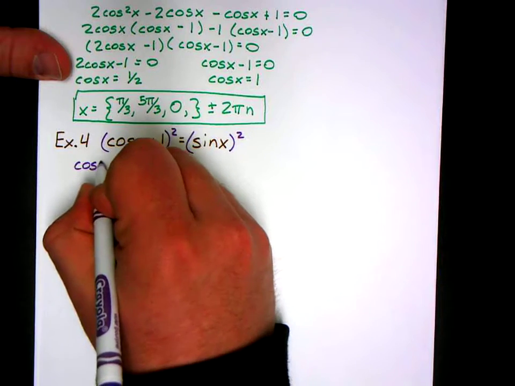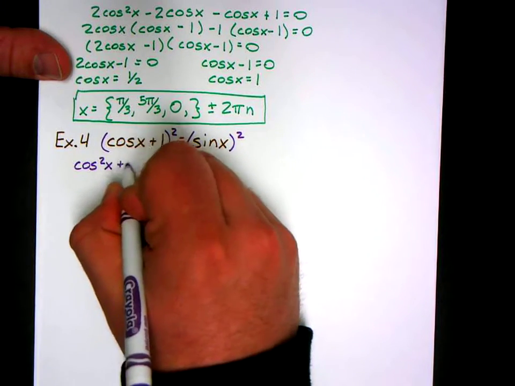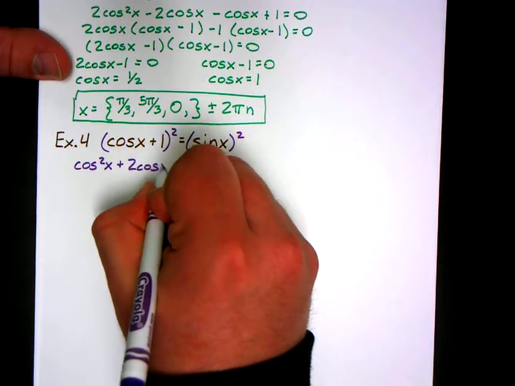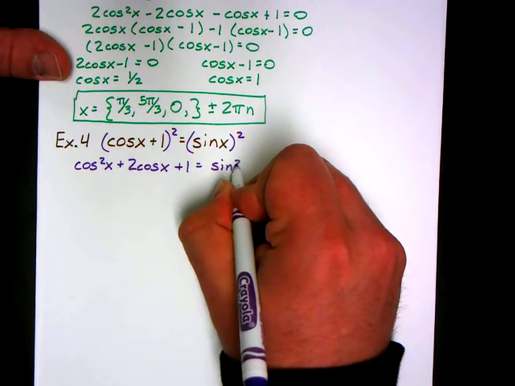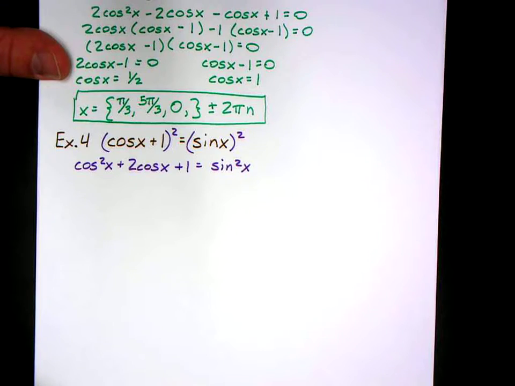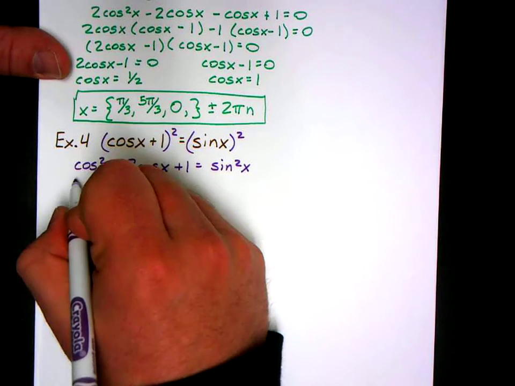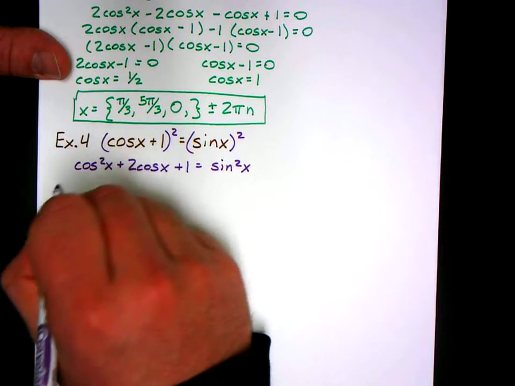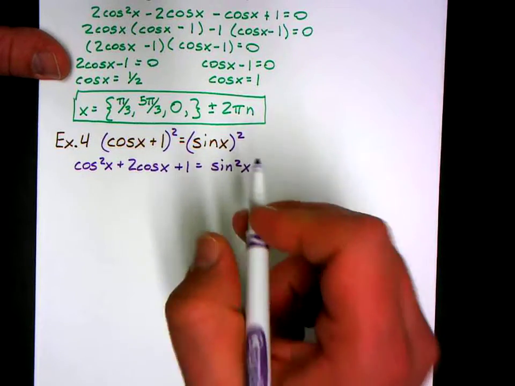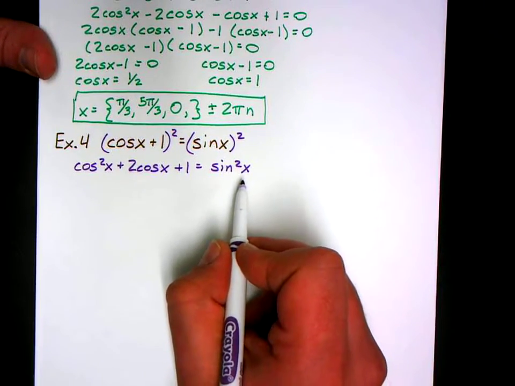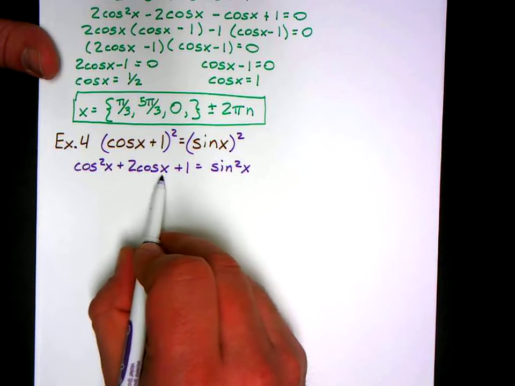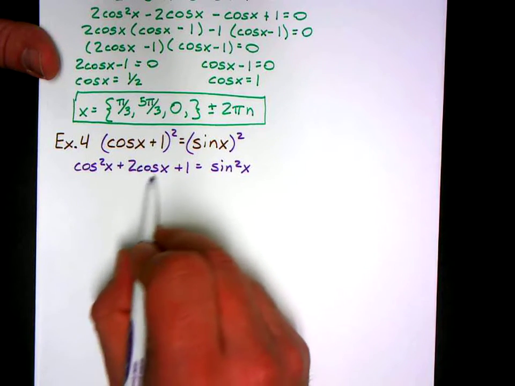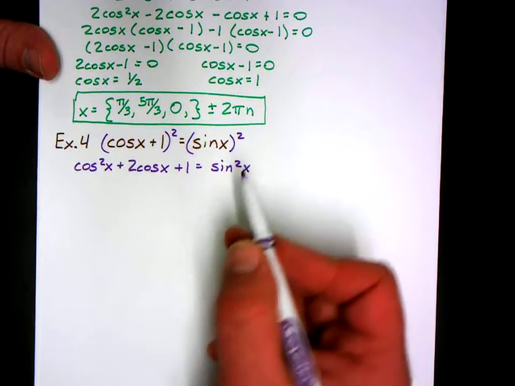Okay, so cosine squared of x plus 2 cosine of x plus 1 equals sine squared of x. So now we can change it. I can change either cosine squared or sine squared, but I'm going to want to change the sine squared because of this cosine. I can't change that cosine. So since I'm stuck with this one, I'm going to want to change everything into cosines.